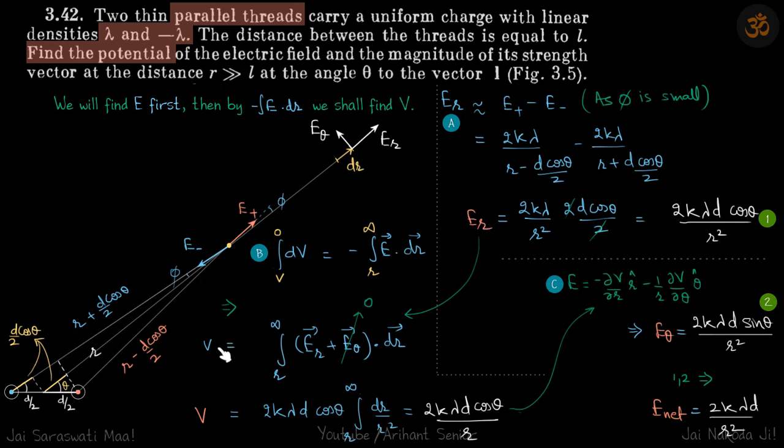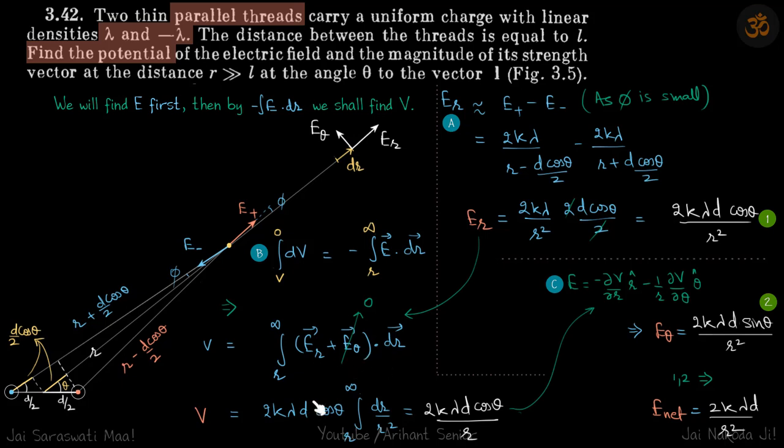Now potential. As we were trying to do, we have found the E first in radial direction, and by E dot dr we can now find the potential. Why only the E_r term? You can put the theta term also. So ideally dV is minus E dot dr, and E we can write as E_r plus E theta dot dr, and theta and r vectors are always perpendicular to each other, so their dot product is going to be 0.